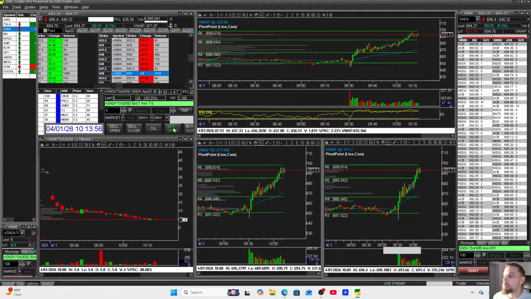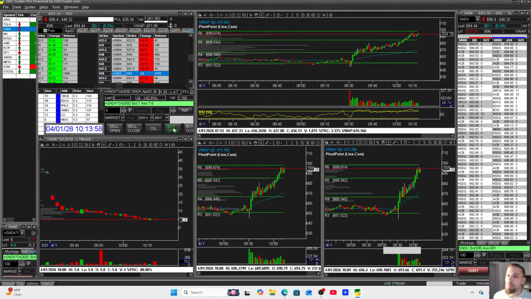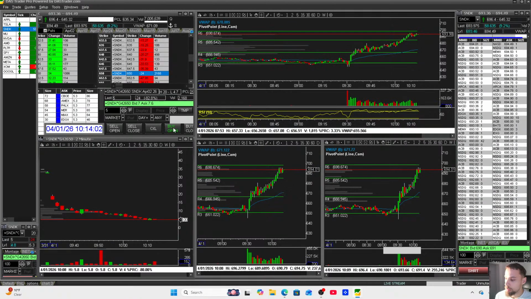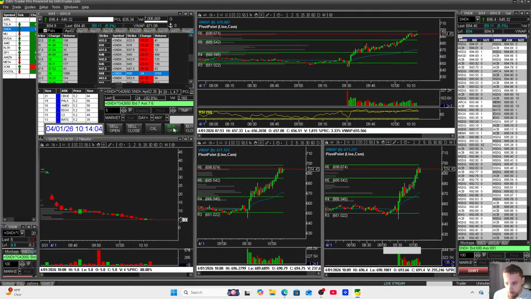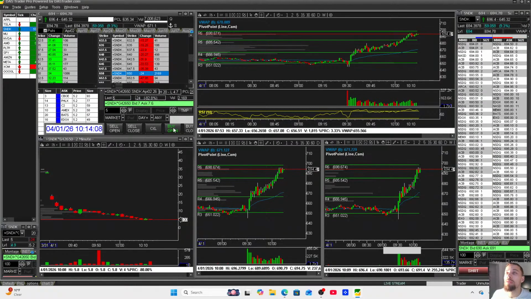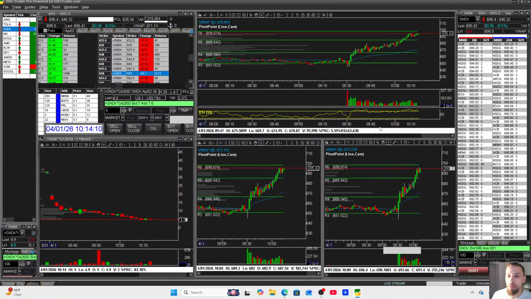SPY looks rather weak. Q's looking fairly strong. Volume's drying out here, guys, you can see.